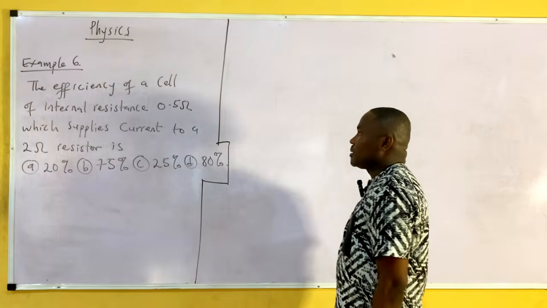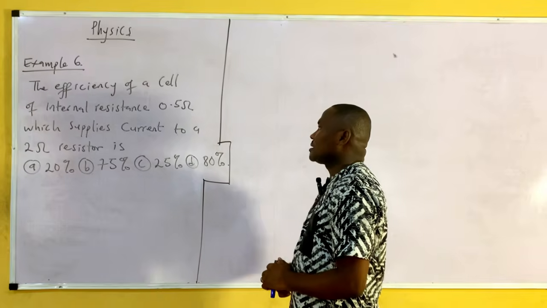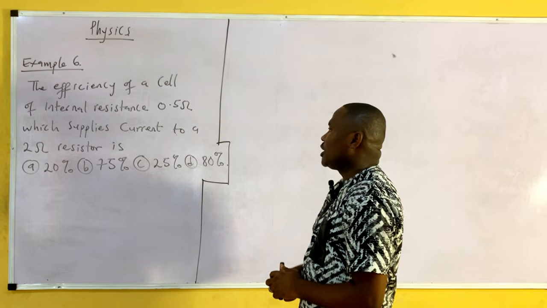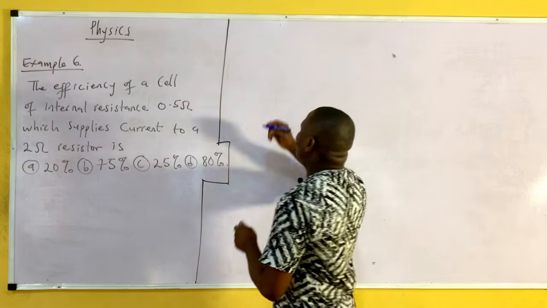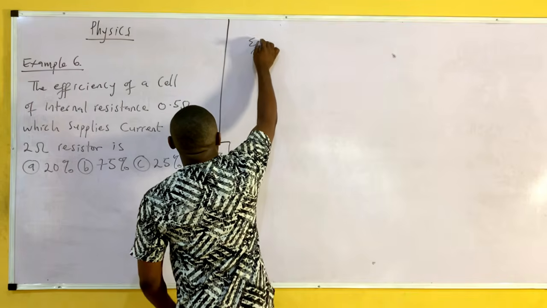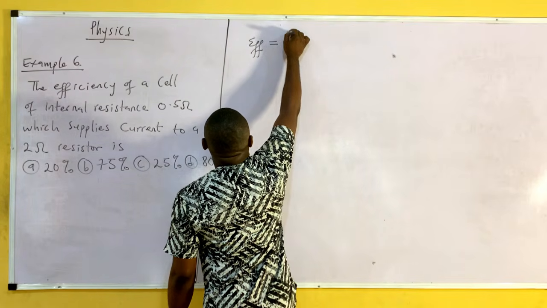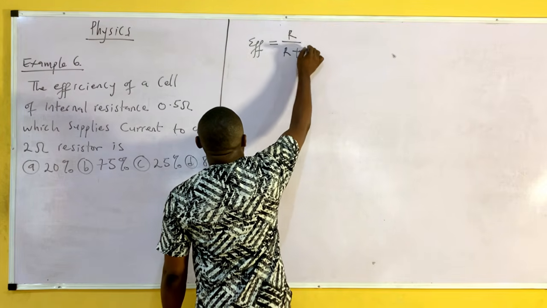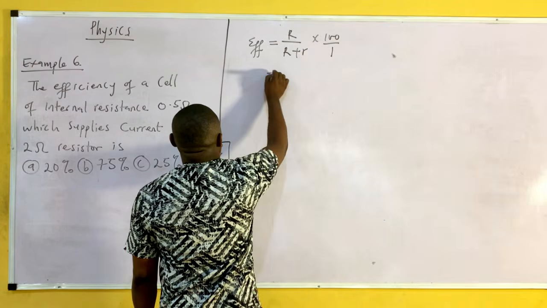Now let's look at example 6. The efficiency of a cell of internal resistance 0.5 ohms which supplies current to a 2 ohms resistor is what? We said efficiency is equal to big R over R plus r times 100 over 1. I've explained this before.